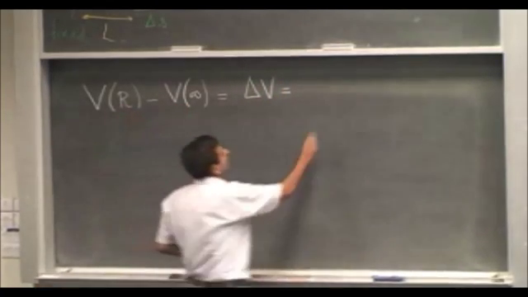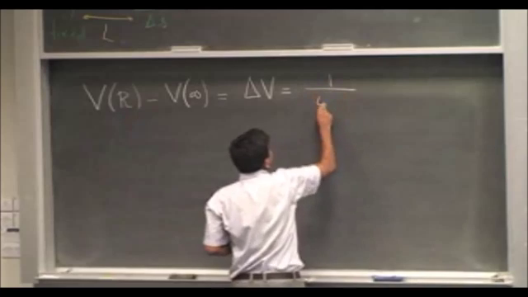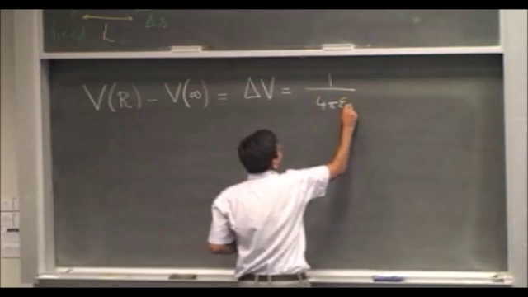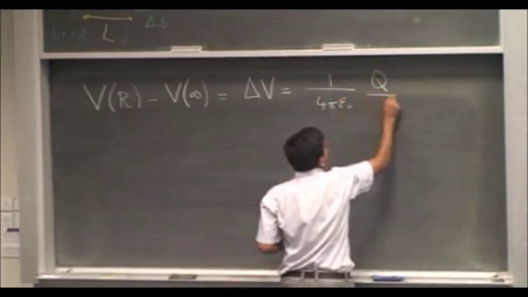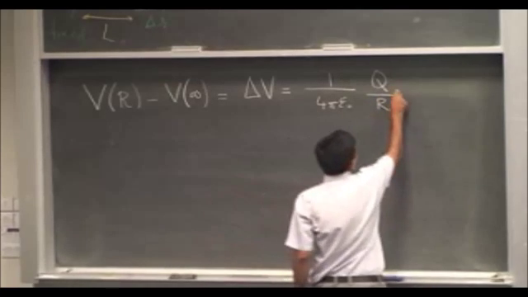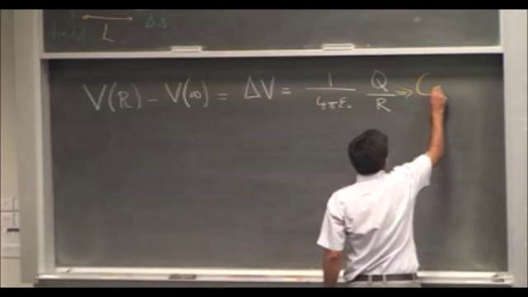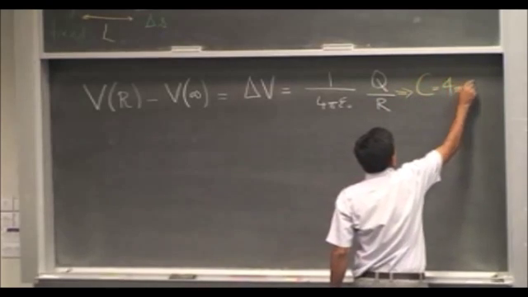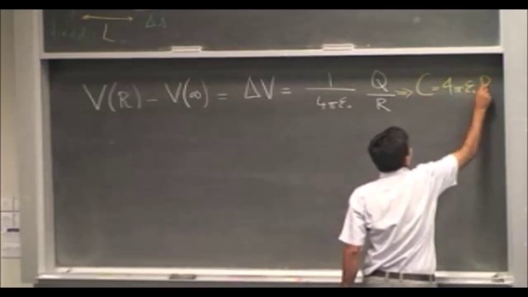What is this? This is 1 over 4 pi epsilon naught Q over R. So what is my capacitance? My capacitance is 4 pi epsilon naught R.